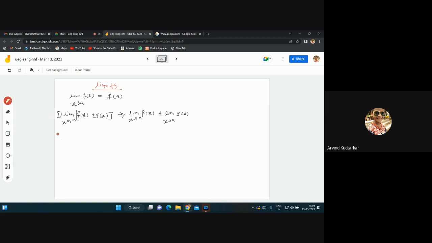The next formula is the limit of a product, which is nothing but the product of their limits. Limit as x tends to a of f of x into g of x. It is nothing but the product of their limits.